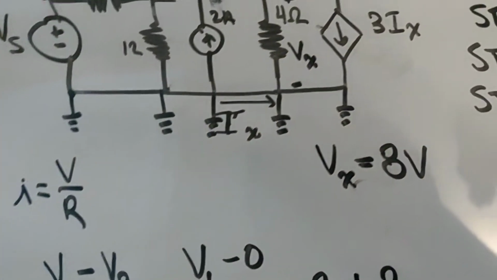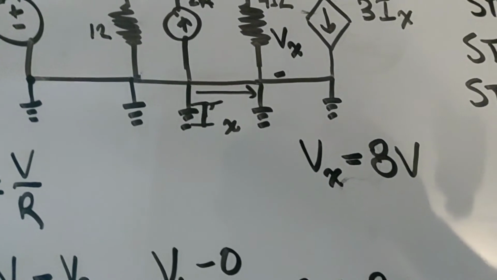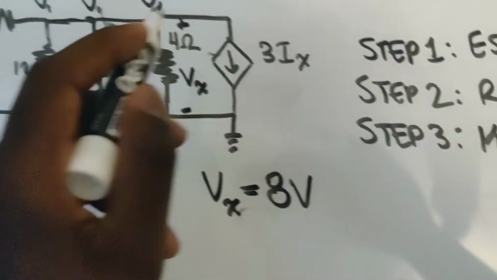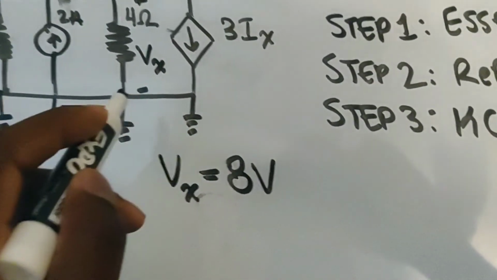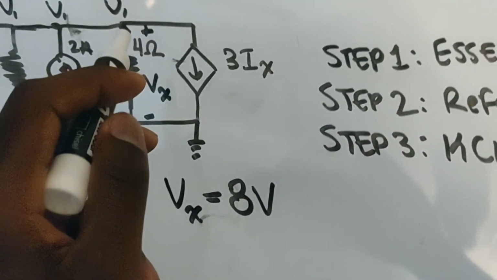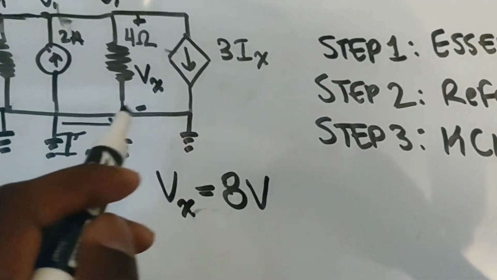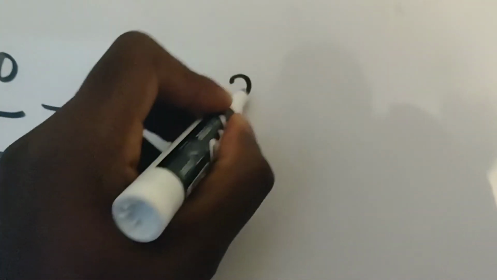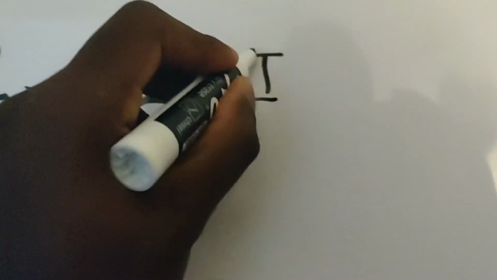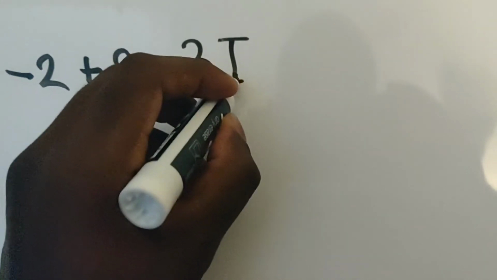So now we just have this current, which is flowing in the same direction as how I'm measuring from V1. So that's just going to be a plus 3Ix coming from that dependent current source.